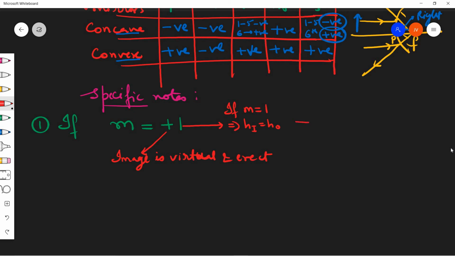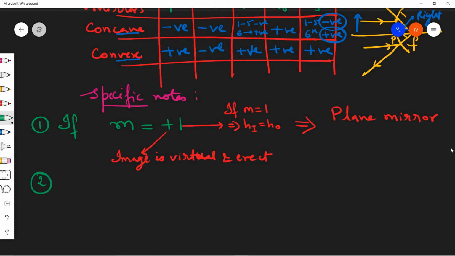And magnification +1 is only possible in case of a plane mirror. In case of plane mirror, always a virtual erect image of the object forms, and always we see that height of image and height of object are same. So whenever magnification +1 is said, we should understand that it is about image formation in case of plane mirror only.